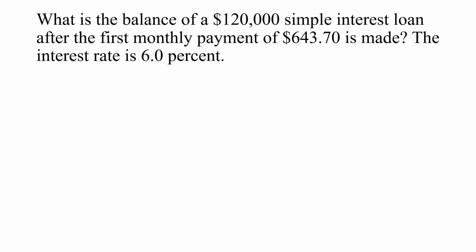What is the balance of a $120,000 simple interest loan after the first monthly payment of $643.70 is made? The interest rate is 6%. We need to start by figuring out what our monthly interest payment is. So 120,000 times 0.06 equals 7,200.